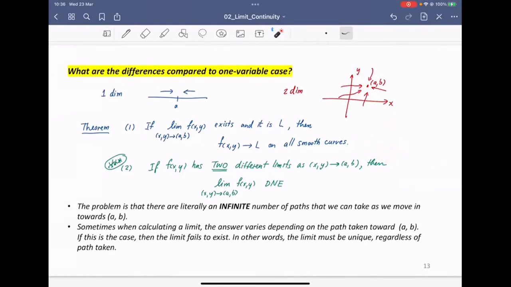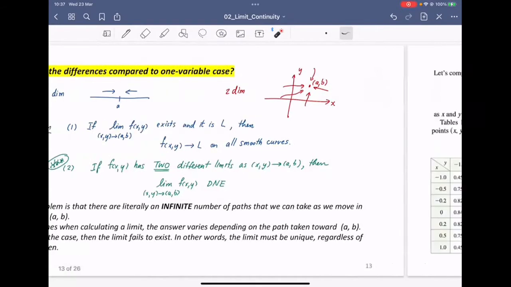These are equivalent statements in logic. So if you know that the limit exists, it must be the case that the limit on every line is the same. This is my P, this is my Q, and it is the same as not Q implies not P. So if you find two limits that are different, we can conclude that the limit does not exist. Okay, let's take a look at an example and you will understand more after you see it.